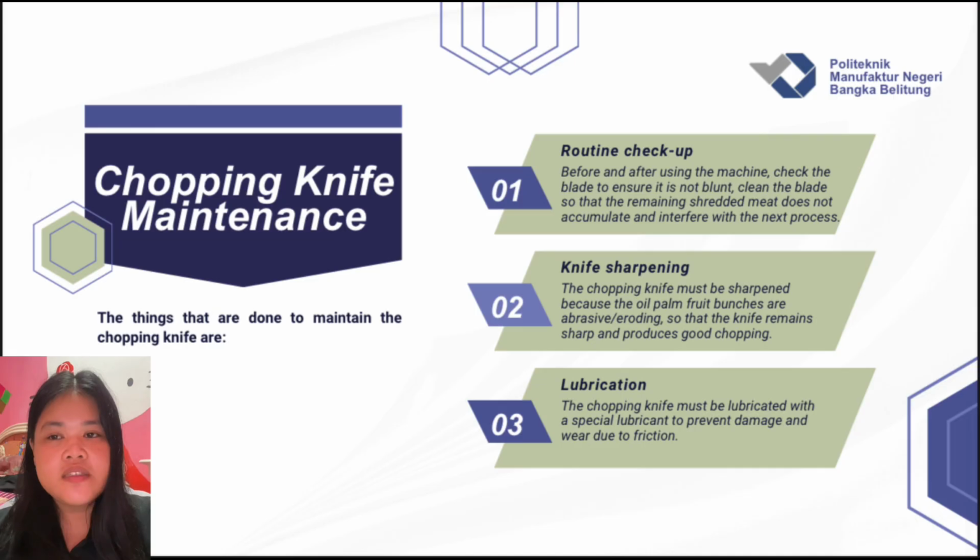Two, knife sharpening. The chopping knife must be sharpened because the oil palm fruit bunches are abrasive, so that the knife remains sharp and produces good chopping. Three, lubrication. The chopping knife must be lubricated with a special lubricant to prevent damage and wear due to friction.